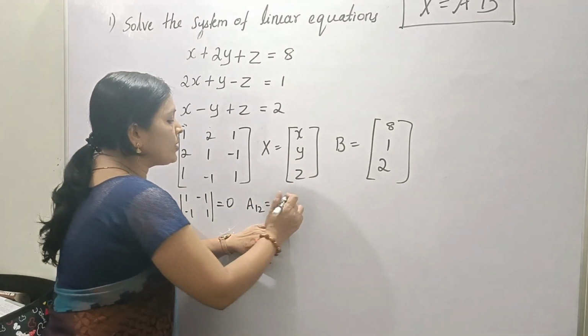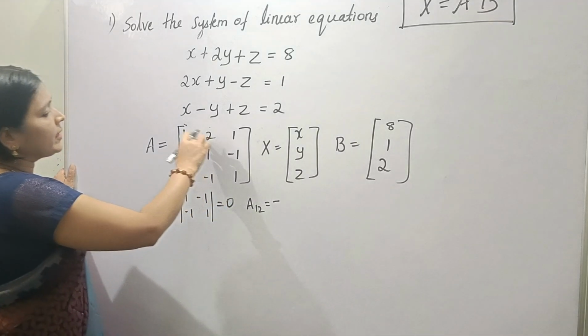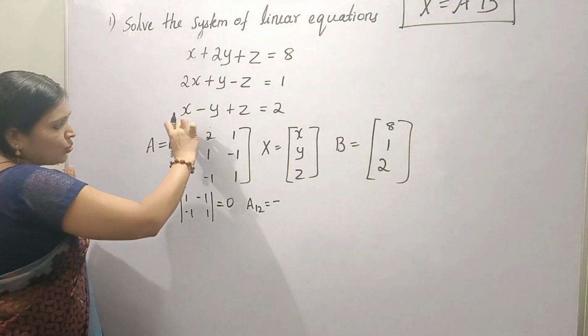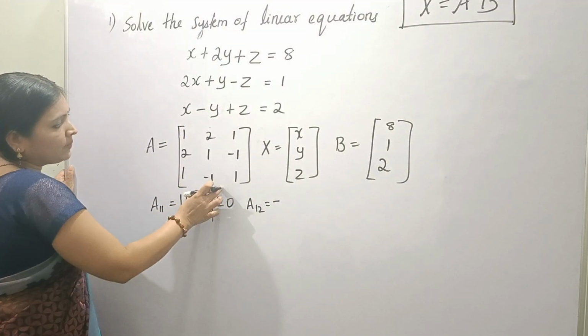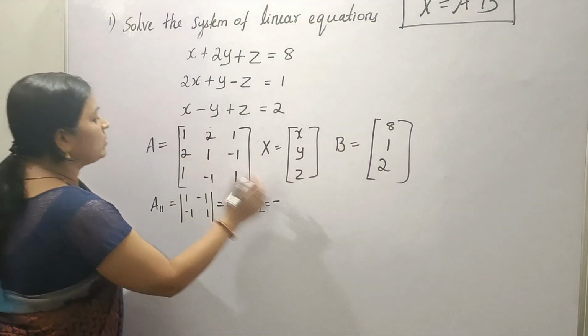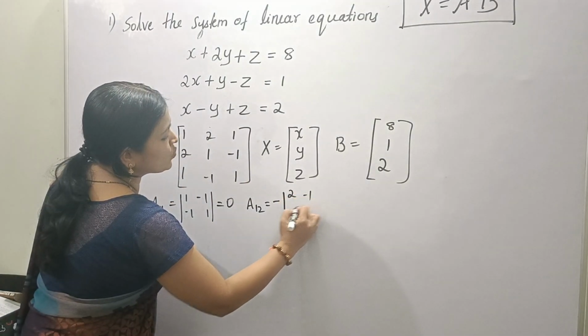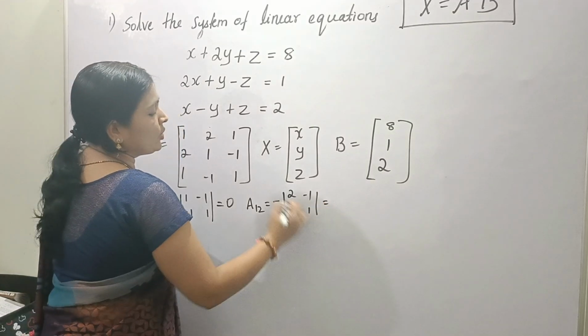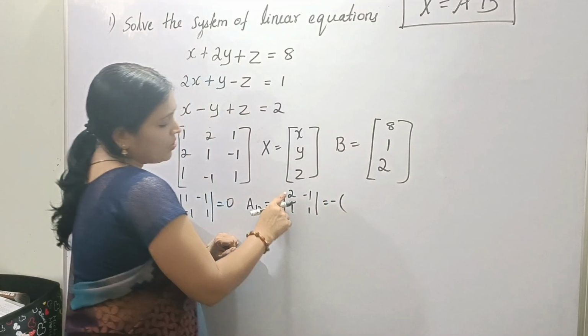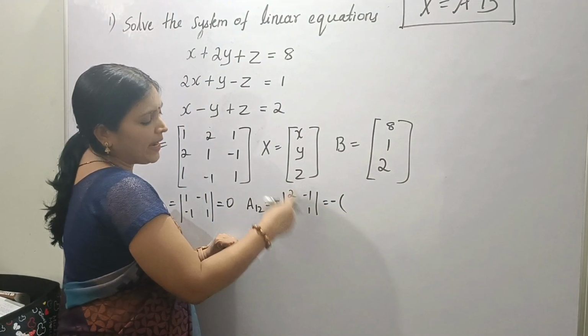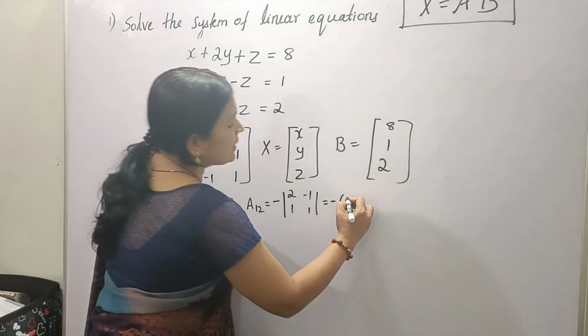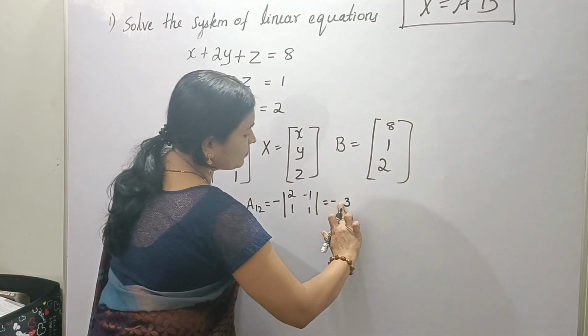So A12 is equal to minus of the cofactor of 2. Remove this row and column. The determinant 2, minus 1, 1, 1, that is equal to minus of 2 minus minus 1, that is 3, so minus 3.